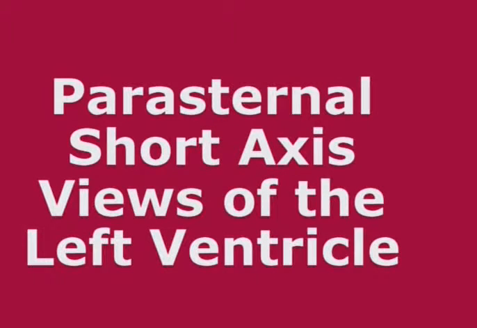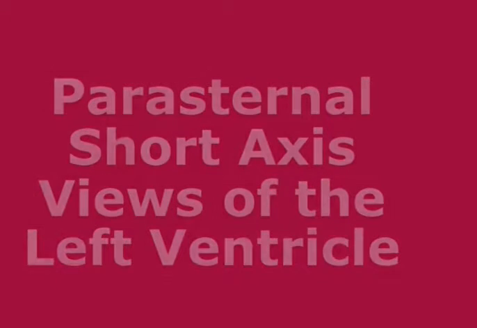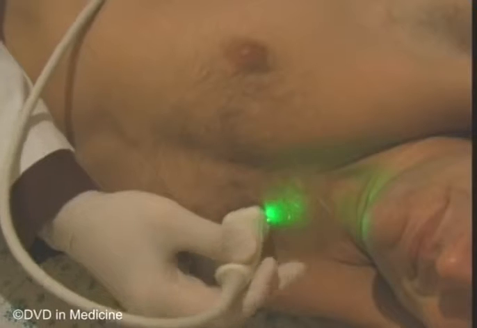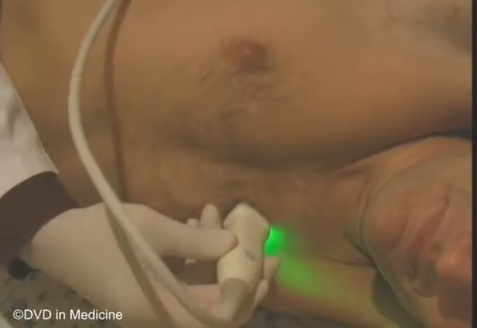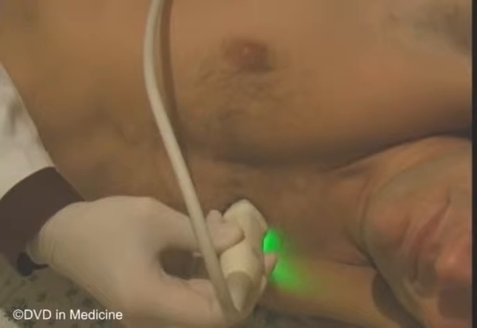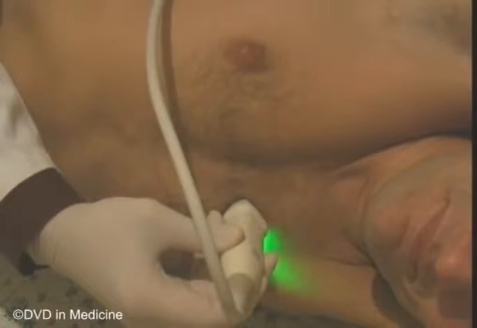Parasternal short axis views of the left ventricle. After one has obtained the parasternal long axis view of the left ventricle, one can rotate the transducer clockwise until the scanning plane is perpendicular to the long axis of the heart.